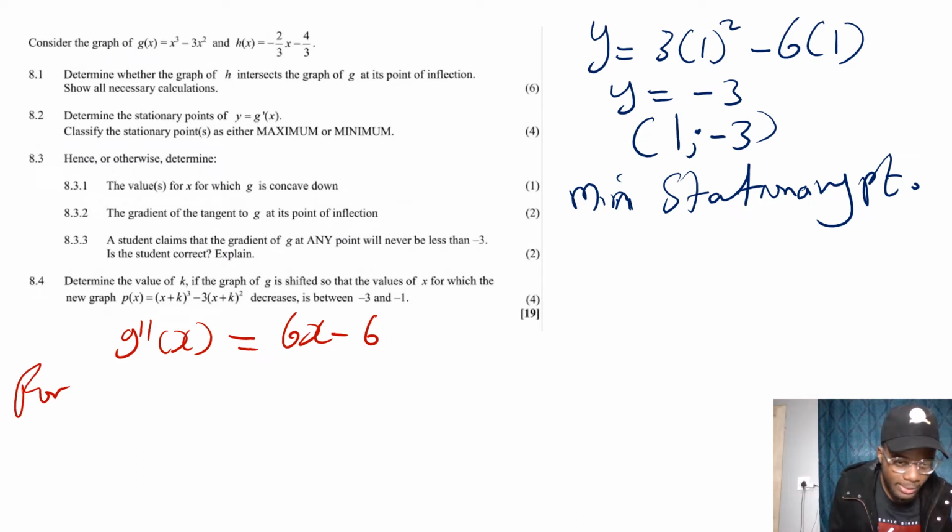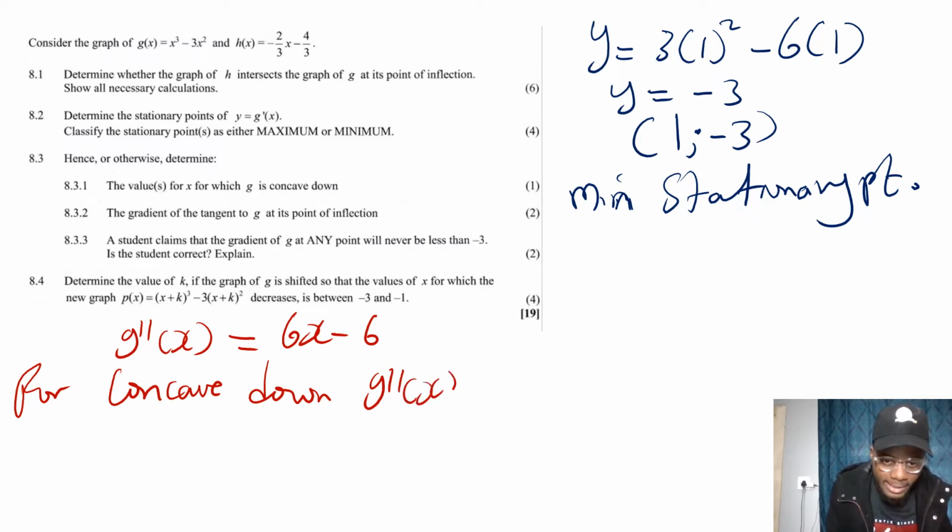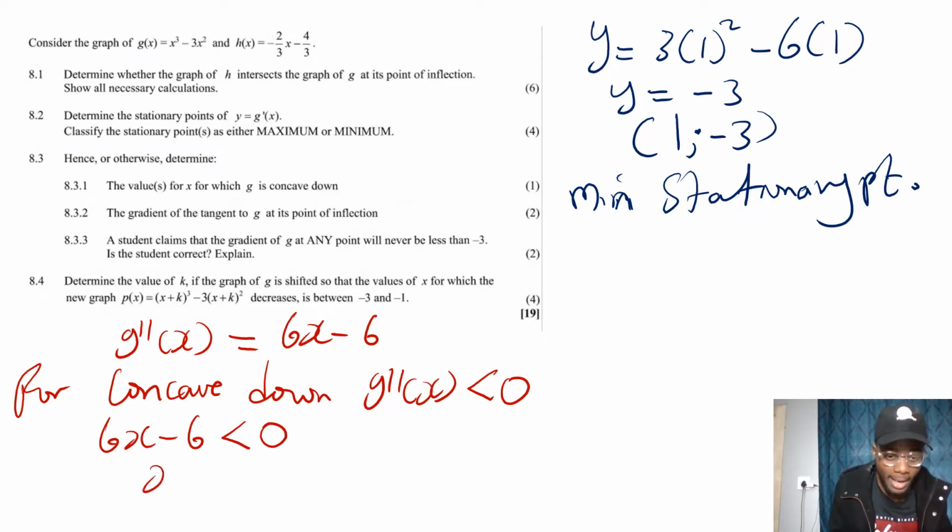So we can write this for concave down: the second derivative is less than 0. So it means 6x minus 6 is less than 0, then x will be less than 1. I hope you know how to solve an inequality. This is a linear inequality.